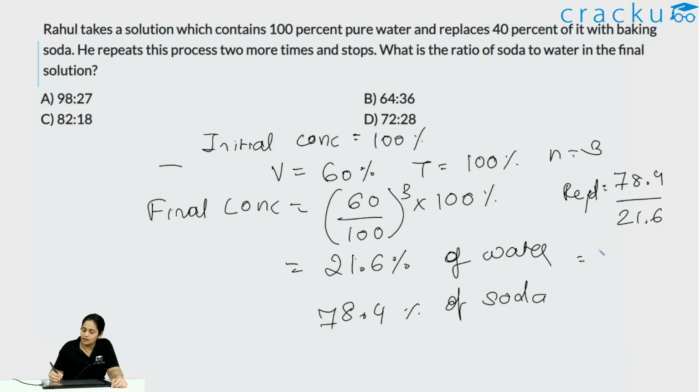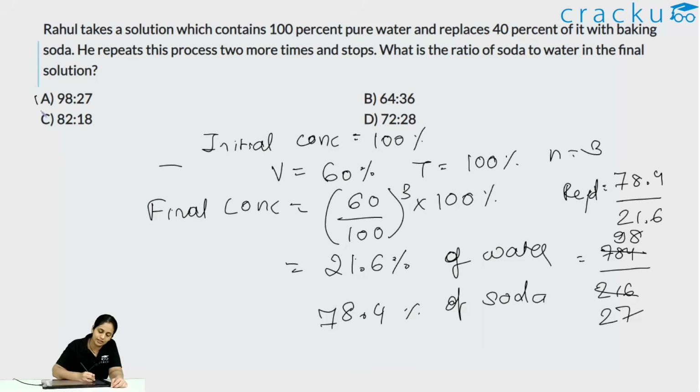So this is 784 by 216, divided by say 8. So this would be 256.27 divided by 8. This is 9. 64.98. So the required ratio is 98 by 27, which is option A.